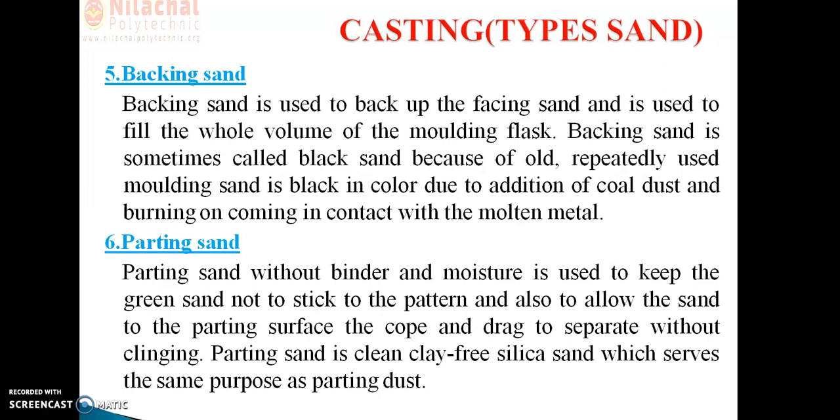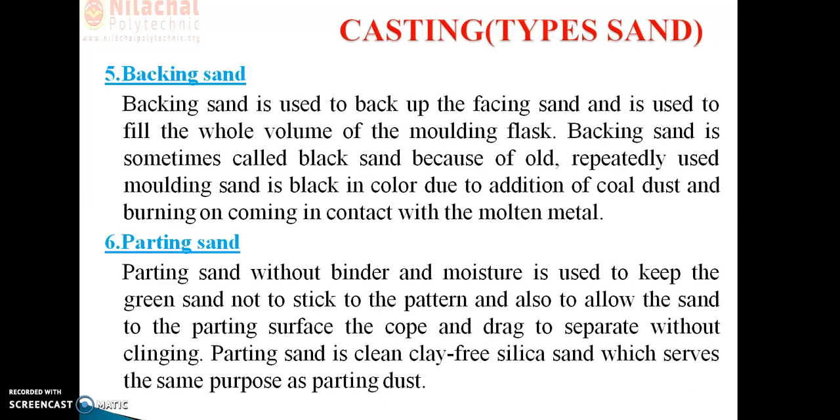That means these are old sand which has already been cleaned and reactivated. It does not come in contact with the pattern. It is the sand left on the floor after the casting has been removed from the mold. It is black in color, sometimes known as black sand.